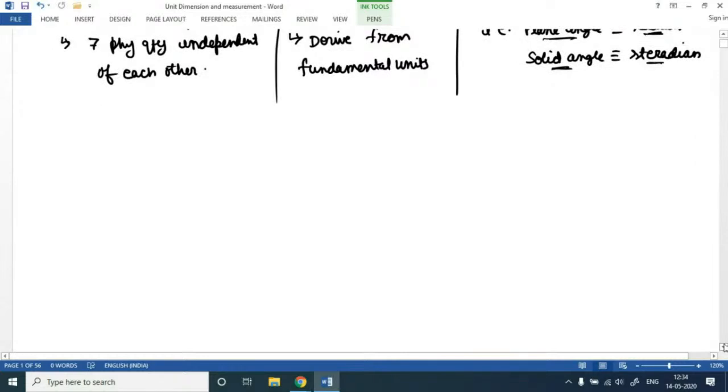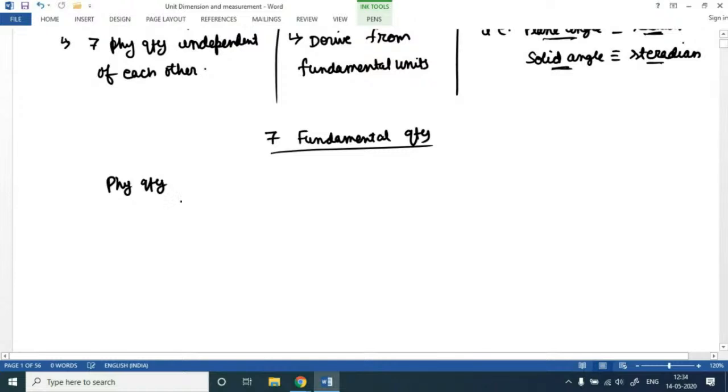So first we will be discussing the fundamental units. Let's have the list of those seven fundamental physical quantities and their units. So I will draw a table.